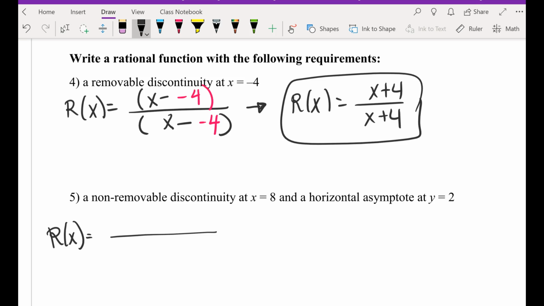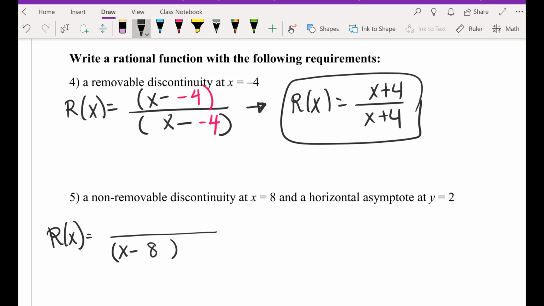What does it mean to have a non-removable at x equals 8? Is that on the top? Is that on the bottom? Let's decide location. All bottom. Okay, all discontinuity is on the bottom. What did we start out with? X plus or x minus? X minus. What's our value here? 8. Okay. If it's a non-removable, does the top have to have the same thing?